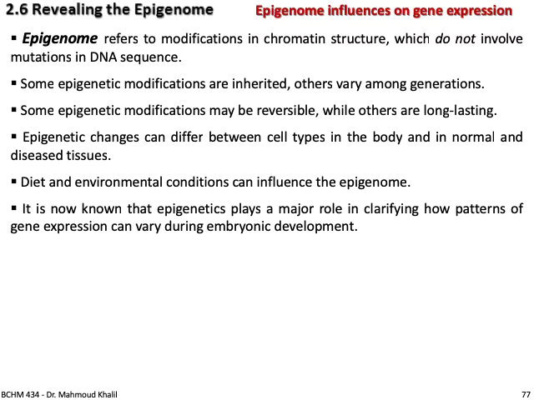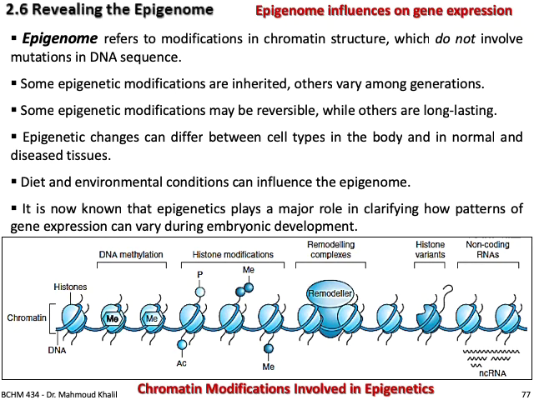It is now known that epigenetics plays a major role in clarifying how patterns of gene expression can vary during embryonic development. So you can see here the chromatin involved in epigenetics: DNA methylation, histone modification, remodeling complexes, histone variants, non-coding RNAs.